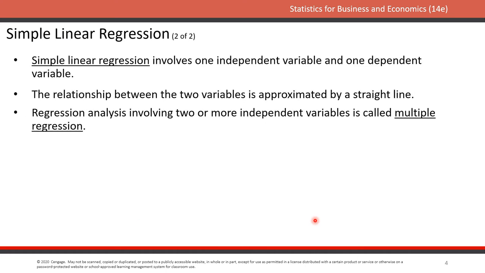So for simple linear regression, we have one independent and one dependent variable. And I don't mean to keep a curtain over your eyes. This isn't intended to be a big mystery. For multiple regression, we're going to have more than one independent variable. Just like with one-way ANOVA, we had one IV and one DV, and then we moved on to factorial ANOVA or two-way ANOVA.